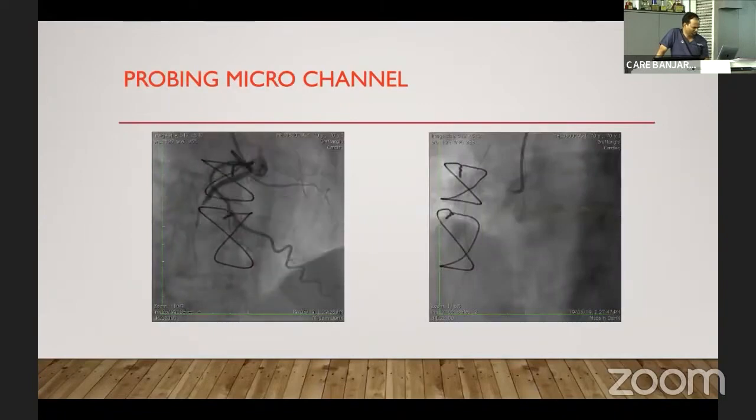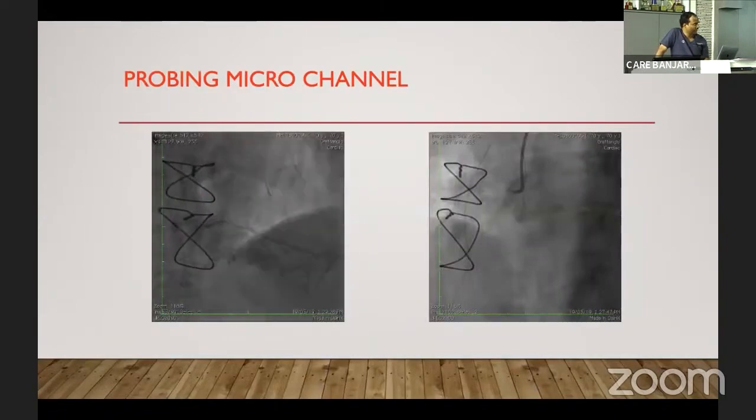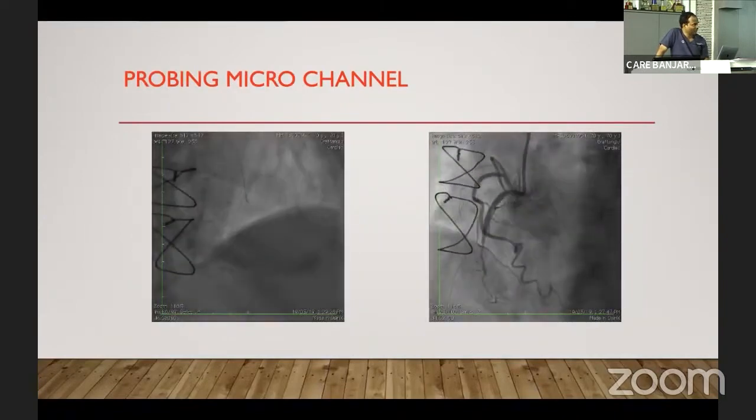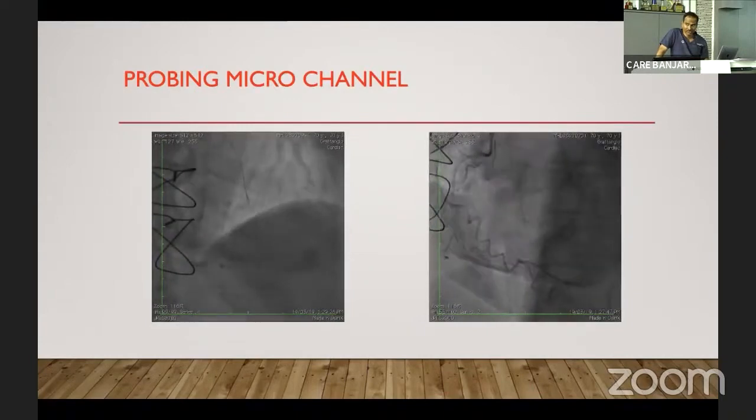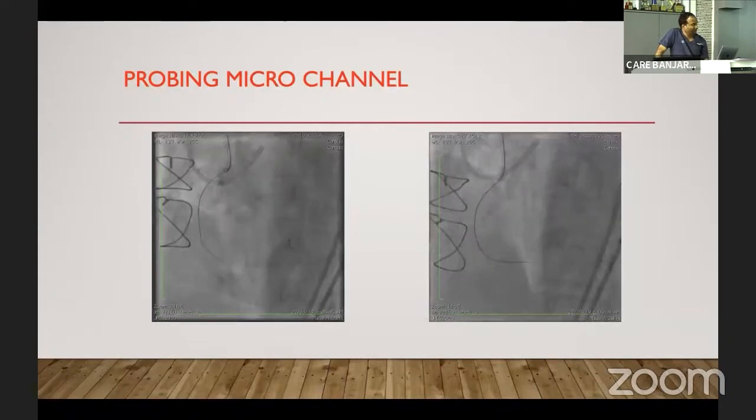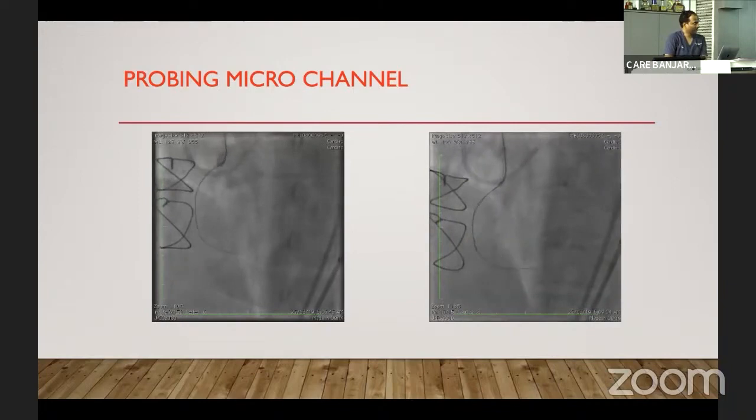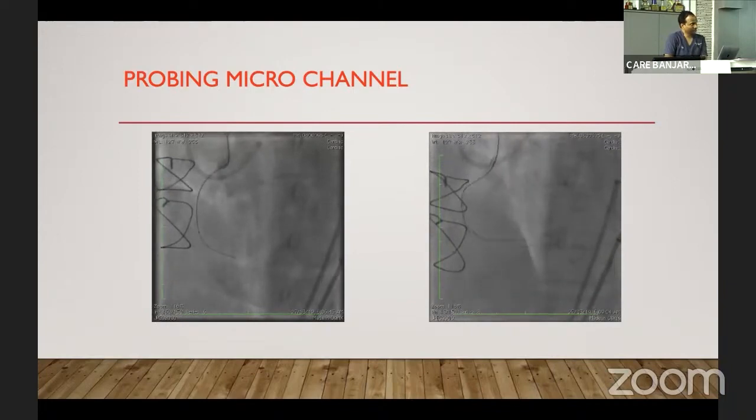You can also see this case where the channel is practically not visible, but still my first choice was a microchannel wire. I used a Fielder XTR, and that Fielder XTR actually reached the distal true lumen.